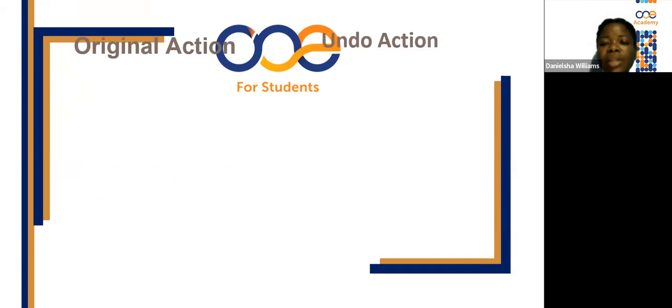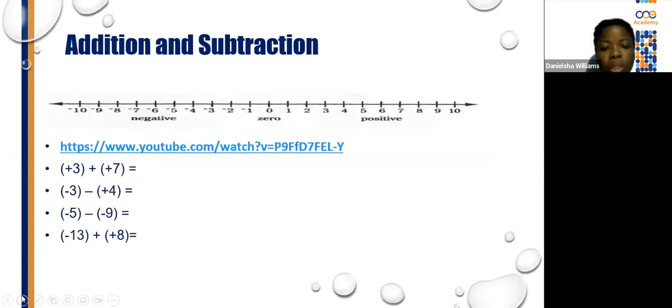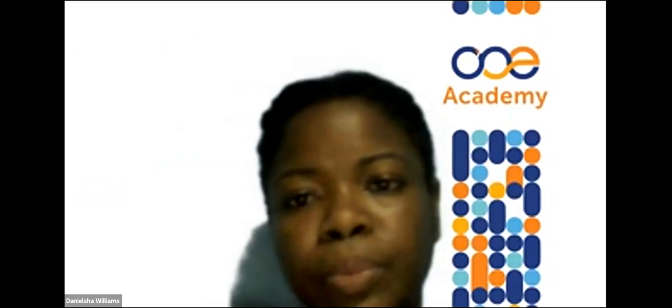We also looked at yesterday the original action and undo, meaning whatever directed number you're given, there is always an opposite of that. And we also looked at one of those should be changed. Let me quickly go back and change it. Those were the items that we looked at yesterday.